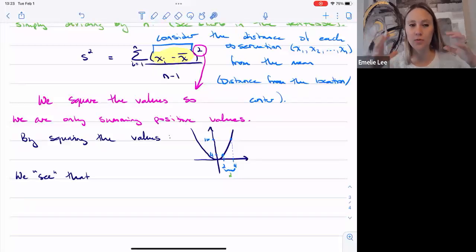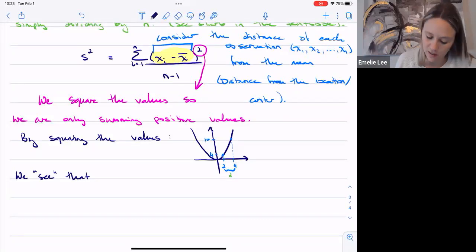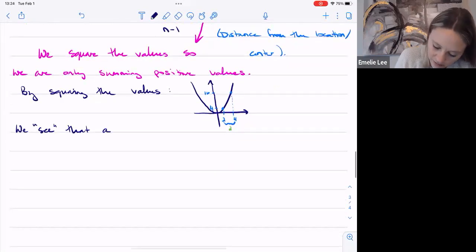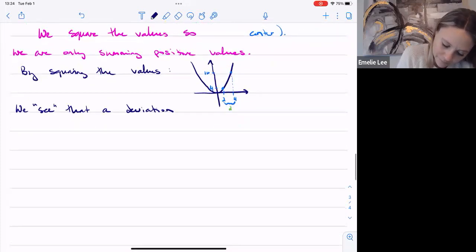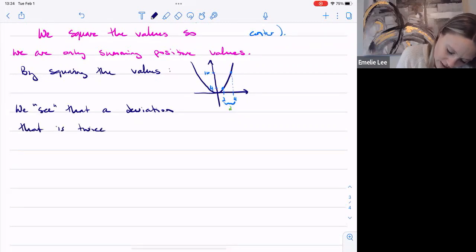And so that's what we've captured by squaring things.